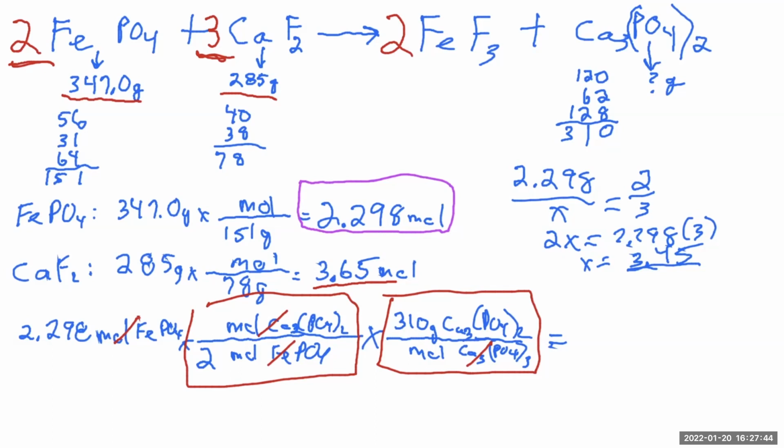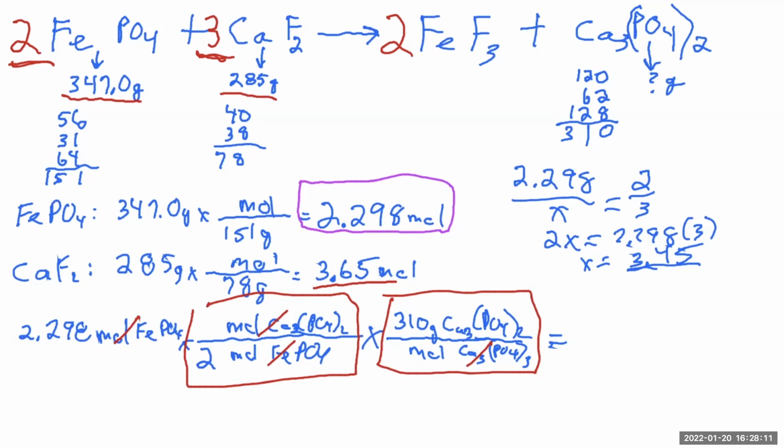And we know that the molecular weight of calcium phosphate is 310 grams for every 1 mole. Okay, so we get out a trusty calculator. And we say 2.298 divided by 2 times 310. Comes out to 356.